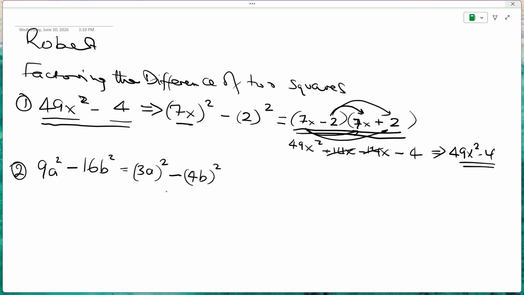So we have a difference of squares, and therefore we have to have two parentheses with these numbers in them, but they should be conjugate to each other. So this will give us 3a minus 4b and then the other parenthesis will have 3a plus 4b. And when you try to multiply this will be our final answer.